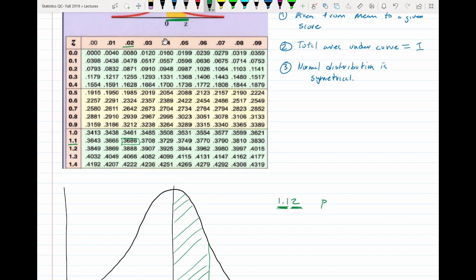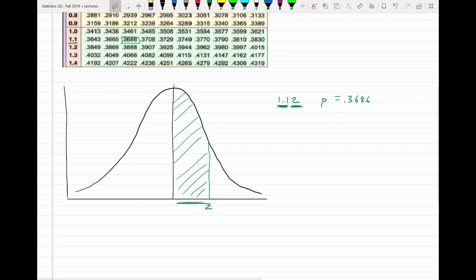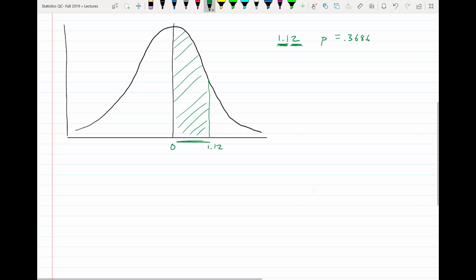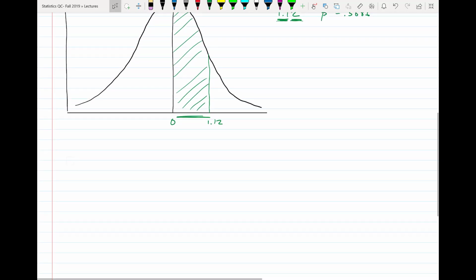And in that case, the probability is equal to 0.3686. That's the probability that the score is between 0 and a z-value of 1.12. So that's a real easy one. There's nothing extra we have to do. Let's take a look at another one.